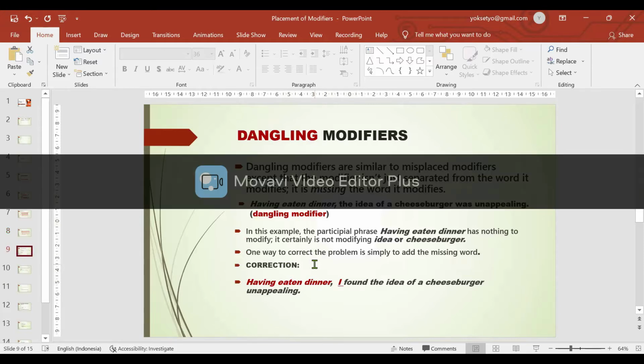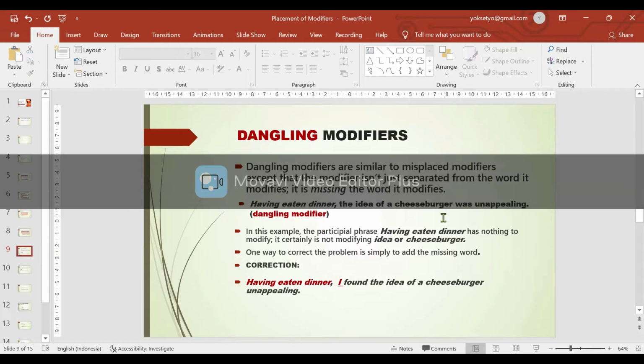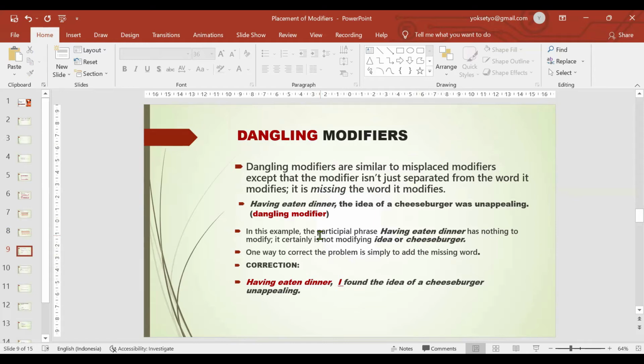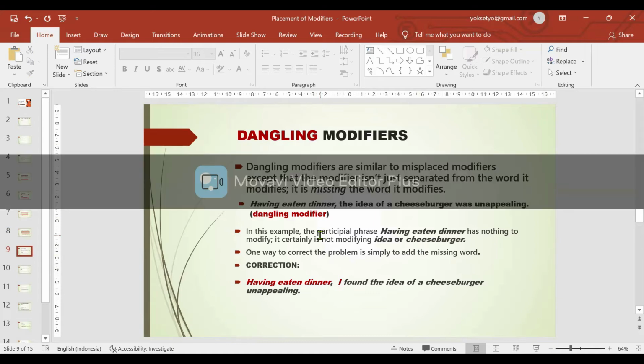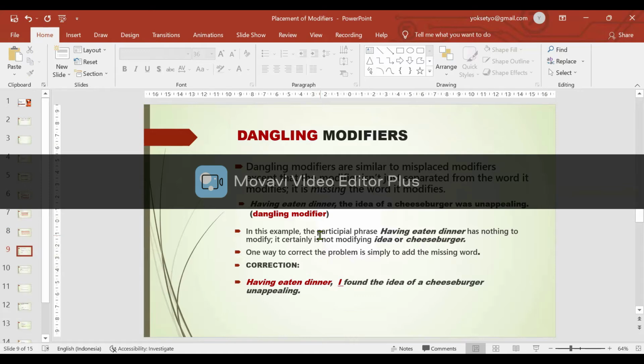And then next, we are going to see the dangling modifiers. Dangling modifiers are similar to misplaced modifiers, except that the modifier isn't just separated from the word it modifies, but it is missing the word it modifies.